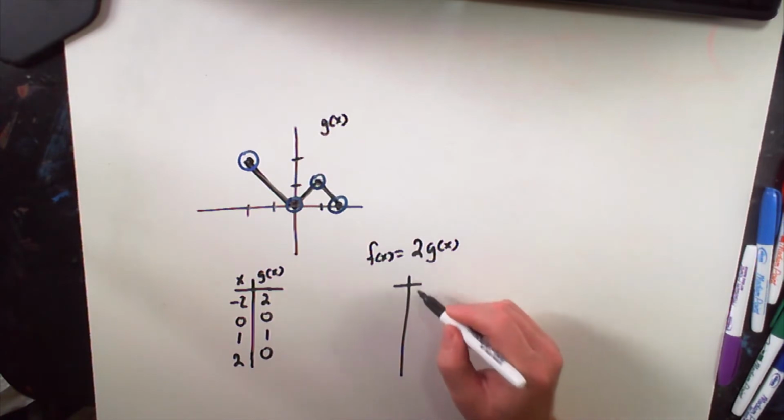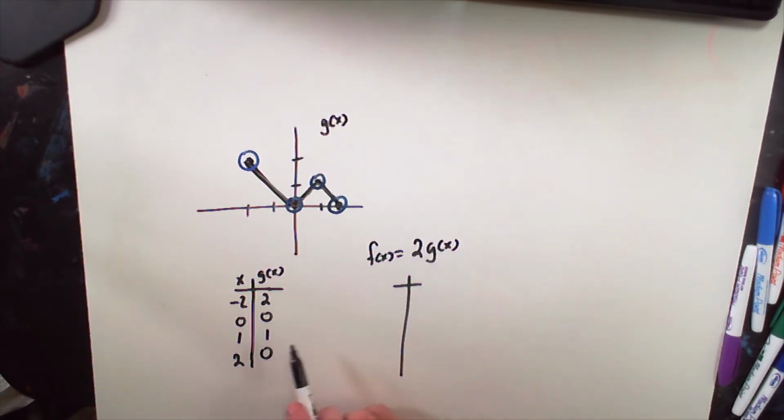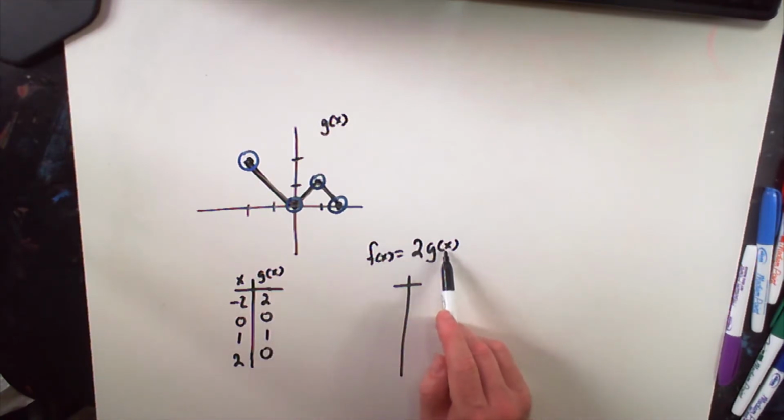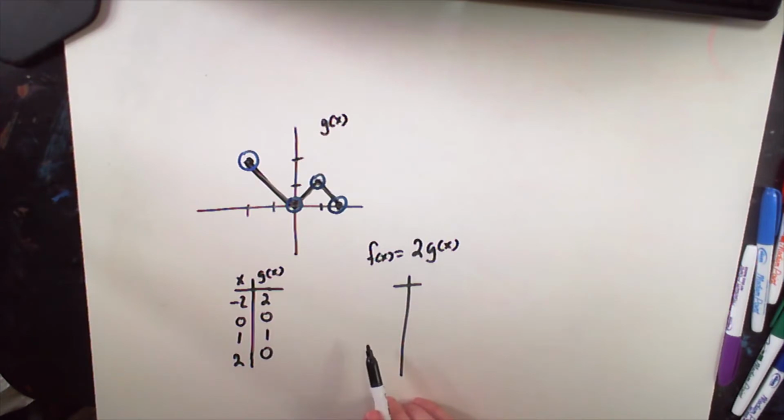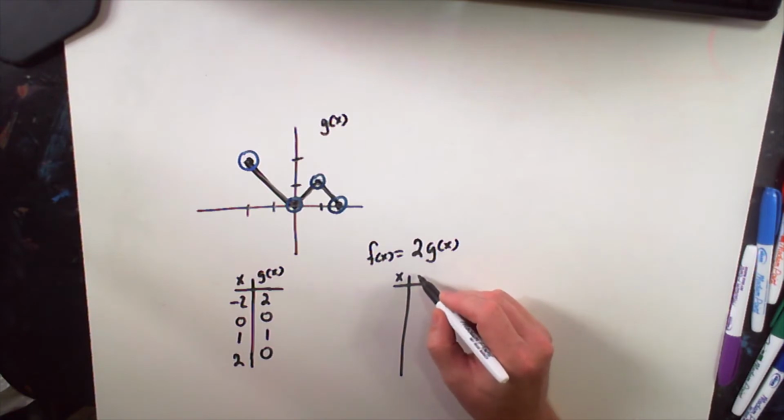Remember, anything that happens to the outside of the function, that's going to affect the g values. Anything that happens to the inside of the function, that will affect the x values. So x, and then we've got 2g of x is our f of x here.